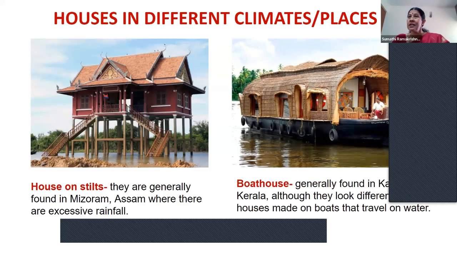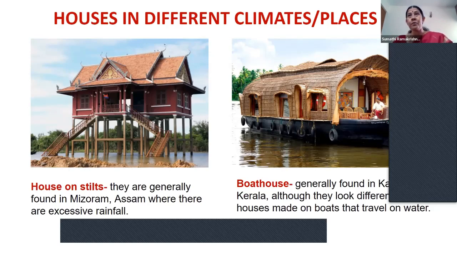And the houseboat, generally we find it in Kashmir and Kerala. They are looking different. Each houseboat is different. As I said, based on the owner's affordability, the luxury inside differs. But normally this type of house built on a boat is called a houseboat.